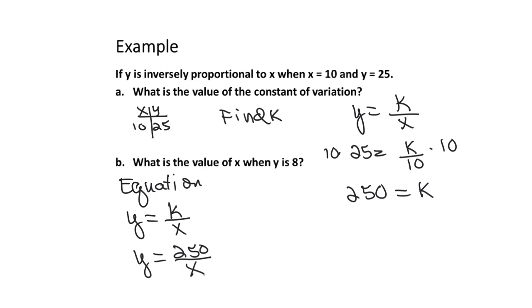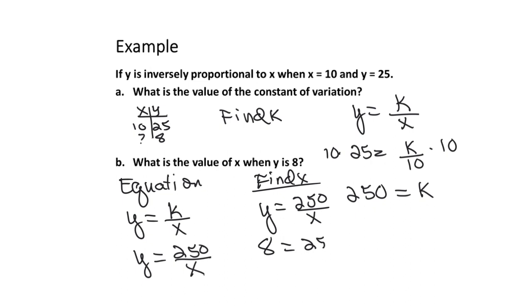In question B, it wants to know what is the value of x when y is 8. So I'm going to find x in this case, and I'm going to plug it into the equation 250 over x. I replace y with 8. And I have an equation that has x in the denominator.